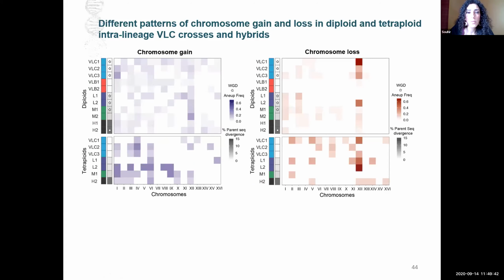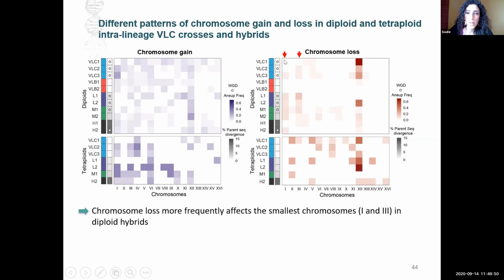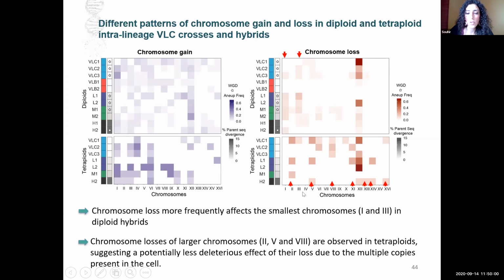Also, we observed different patterns of chromosome gain and loss between diploids and tetraploids. For example, we observed that there is higher chromosome loss of small chromosomes in diploids, for example, here chromosome 1 and 3. However, in tetraploids, we observed a higher frequency of larger chromosomes.